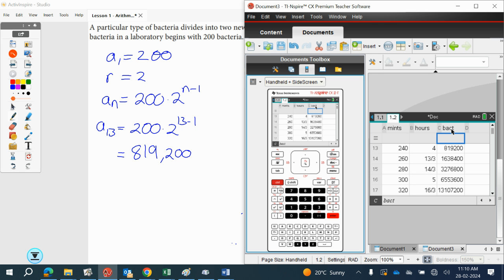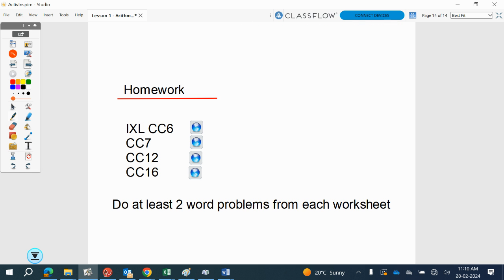All right, that is it for today. But before I say that, I've given quite a few worksheets. You don't need to work through all of the worksheets entirely. What I suggest you do is the 4 IXLs, and then go through the 3 worksheets and pick 2 word problems from each, and do at least 2 word problems.